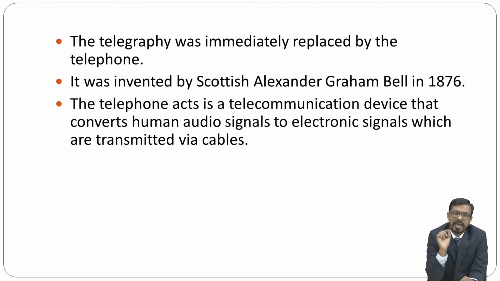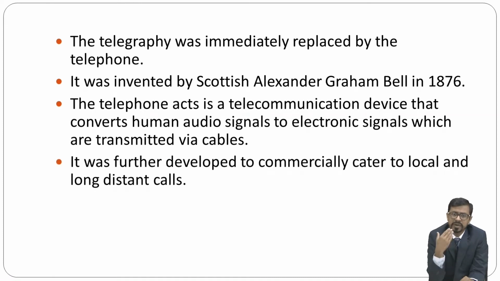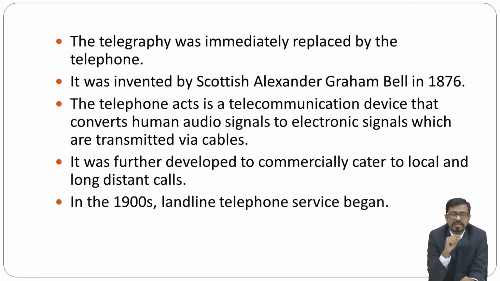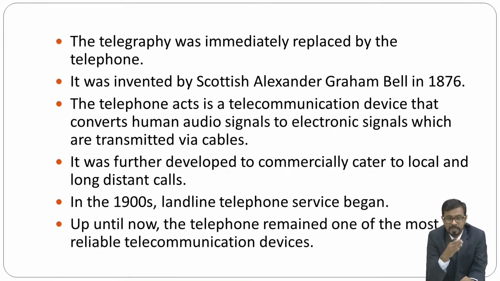The telephone is a telecommunication device that converts human audio signals to electronic signals which are transmitted via cables. It was further developed to commercially cater to local and long-distance calls. In the 1900s, landline telephone service began. Up until now, the telephone remained one of the most reliable telecommunication services.